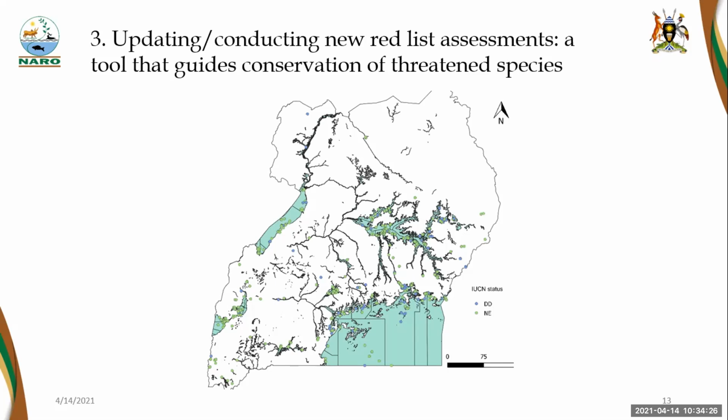And around 2016, let me give you a bit of background and context to this work. A team of scientists in Uganda developed a national red list. But the national red list they developed was for birds, plants, mammals, dragonflies, butterflies, reptiles, and amphibians.